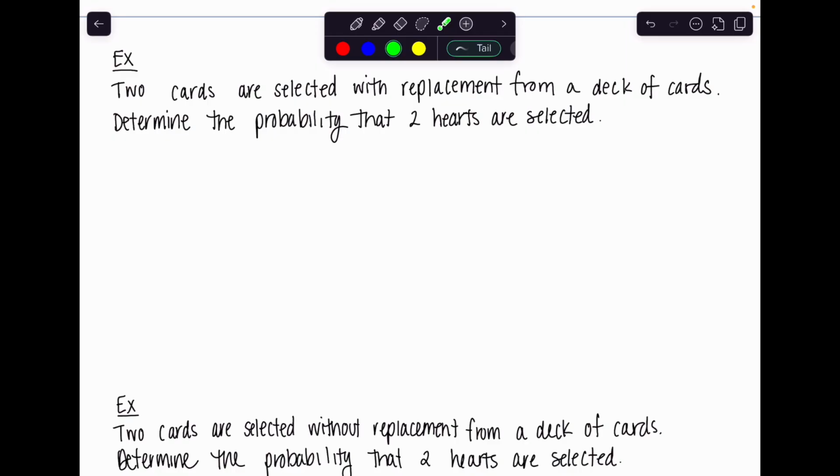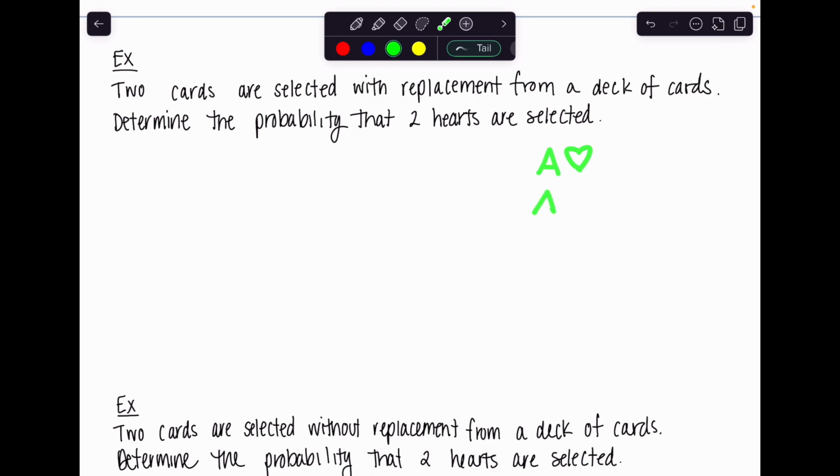So if you were to sit here and figure out this sample space, you have 52 possibilities for the first draw, and then you put that card back in, and you have 52 possibilities for the second draw. So you'd have to pair up the ace of hearts, say, with all 52 other cards.